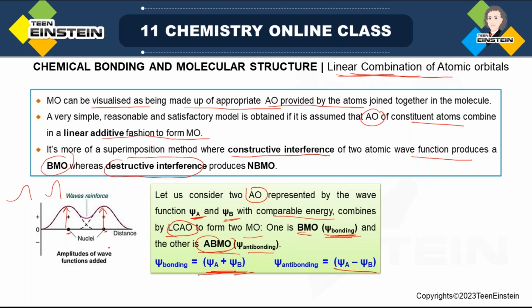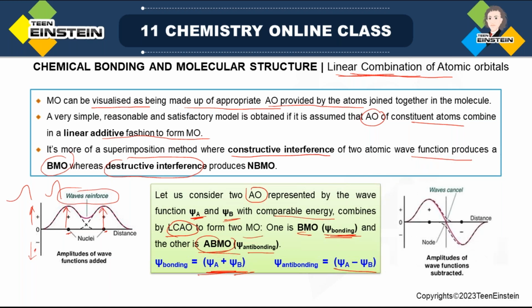And these two when adding, this is constructive. So waves will be reinforcing each other. It is not that one wave function is cancelled by another wave function. That is not the case. They are reinforcing. Similarly, if you consider both these in the negative side, this is the positive side, this is negative, then also the same thing will happen. Both are negative, you are doing constructive interference, and this will generate BMO.